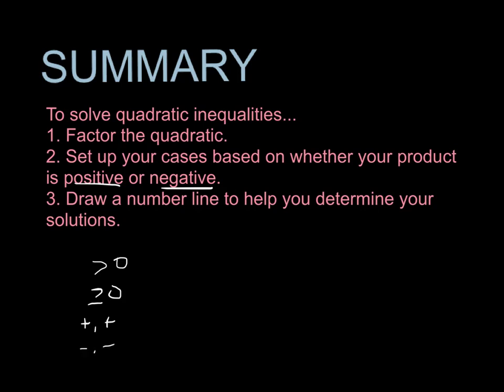And then if your product is less than 0 or less than or equal to 0, your two cases are that the first is positive, the second negative, or that the first is negative and the second positive. You solve the inequalities that you created, and from that information you draw your number line that's going to help you determine your solution.